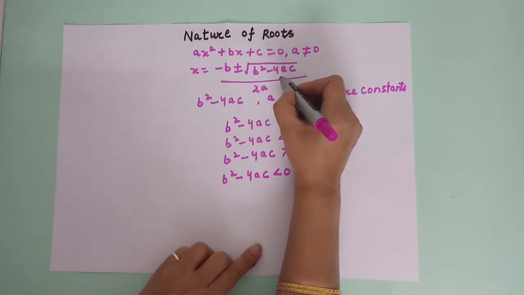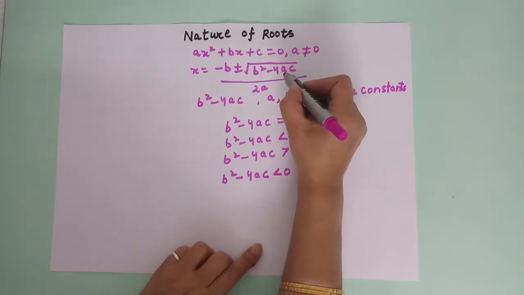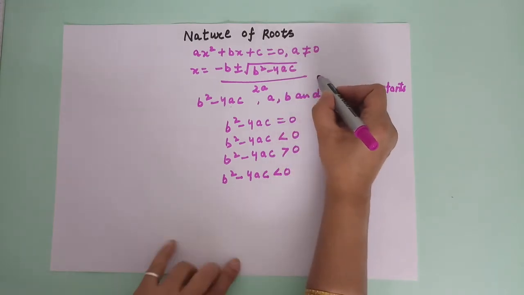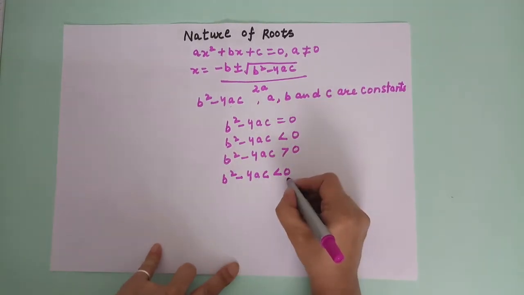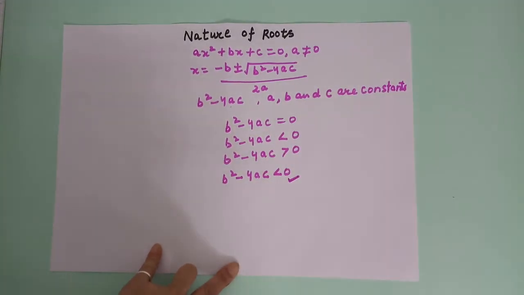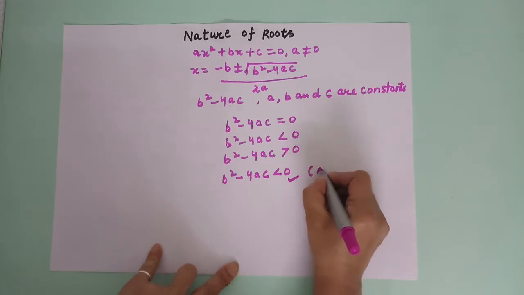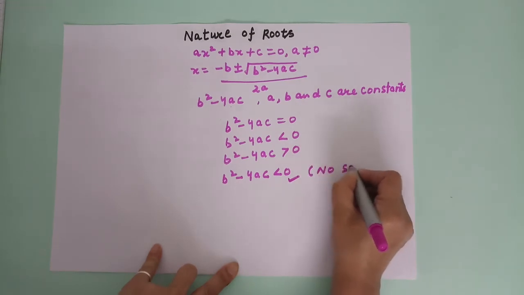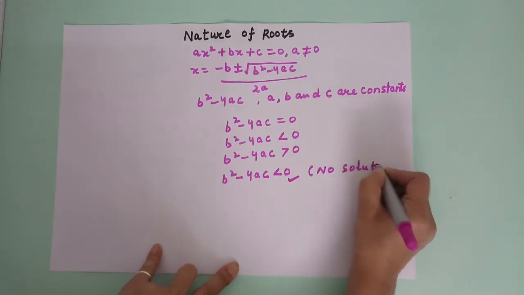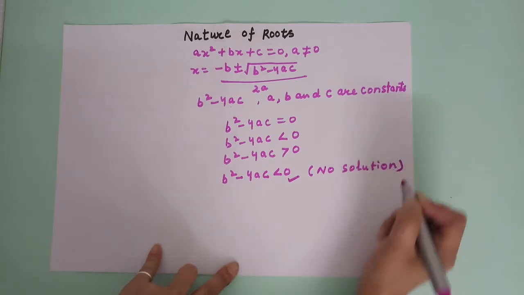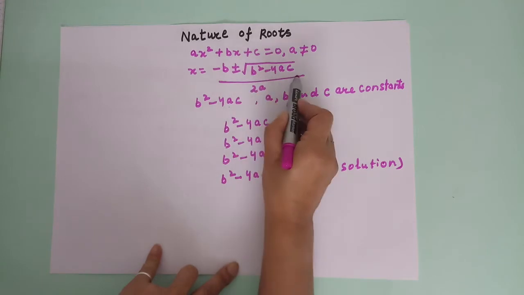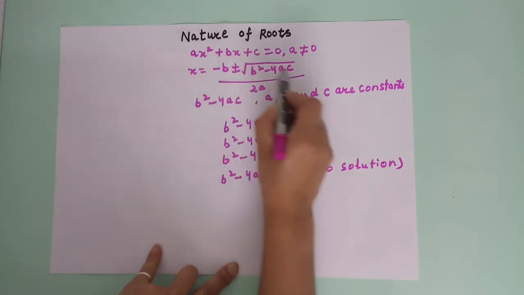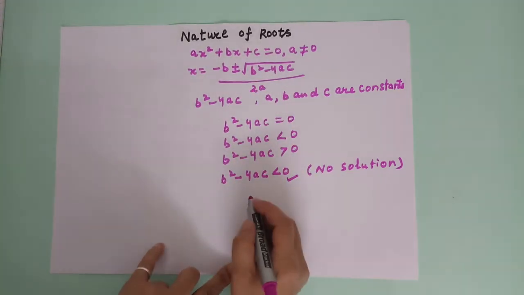So this quadratic equation will have no solution when b² - 4ac is less than 0. In that case, the equation will have no real solution, or it will have imaginary roots, right? Because I will not be able to solve this part, and hence the equation will have no real roots.